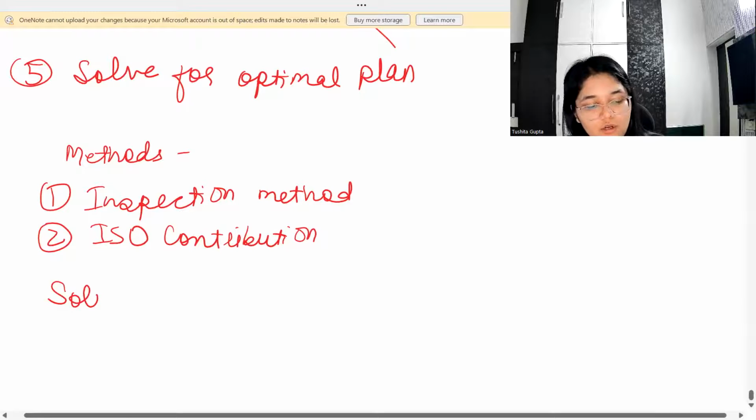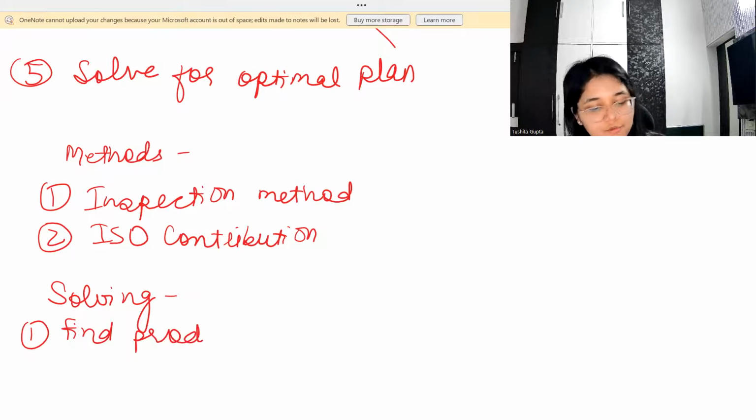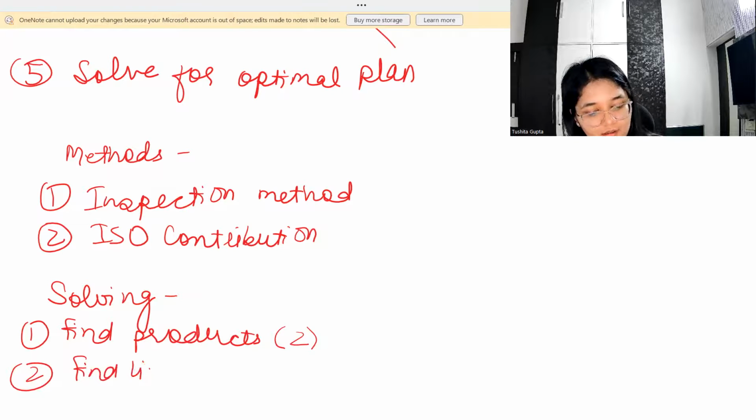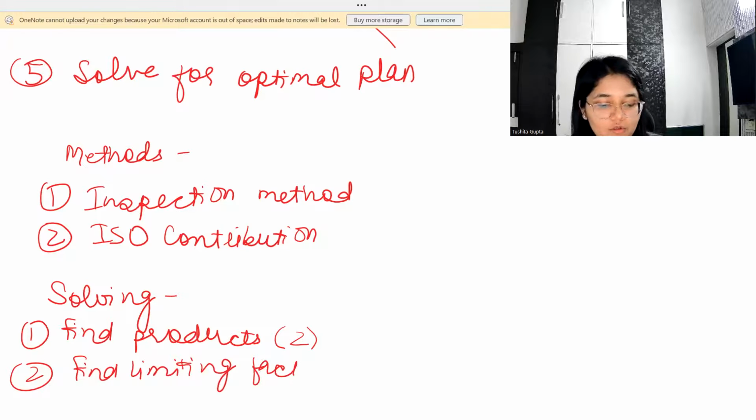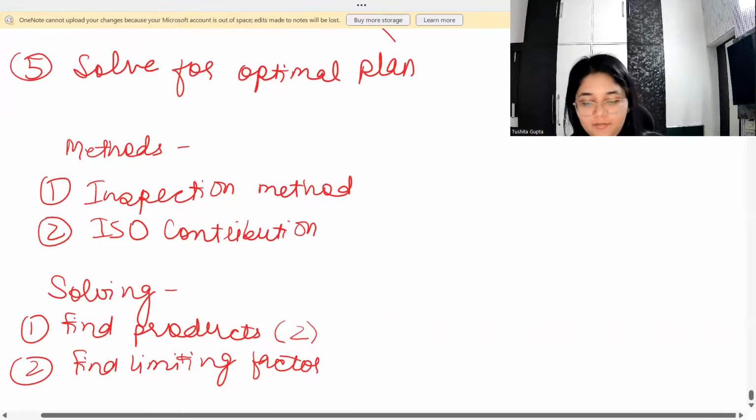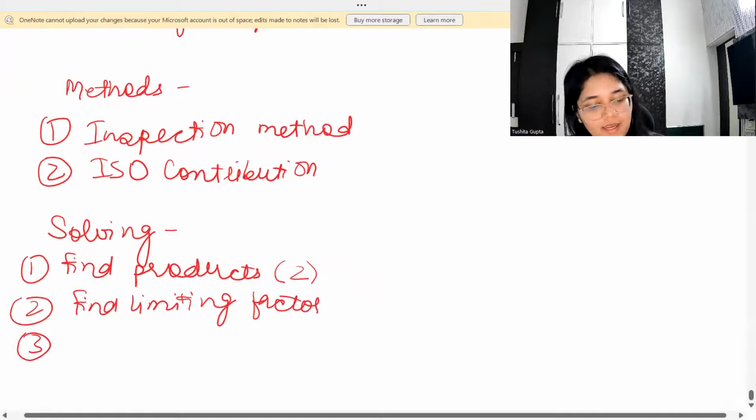And when it comes to solving the graphs, the first thing will be to find out the products. Usually in the scenarios which come up in the exam, there will mostly be two products. Then the second step will be to find your limiting factor, like we discussed above. Then you find your objective function.